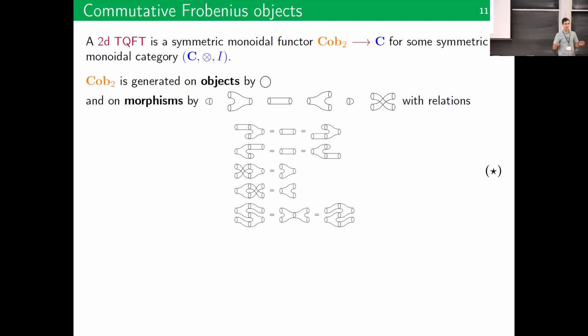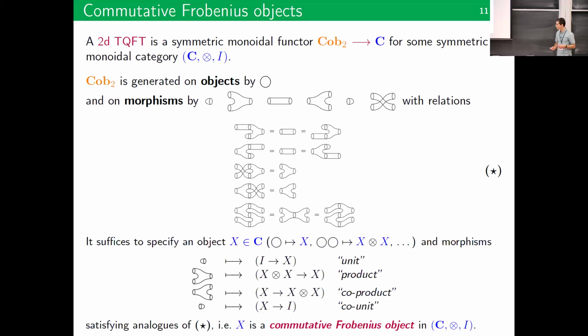So every surface can be chopped into pieces consisting of these 6 generators, and every relation possible on surfaces with boundaries can be obtained from this finite list of relations. And so to construct a TQFT, it suffices to associate to each of these 6 generators a morphism and check that the corresponding relations hold in the target category.